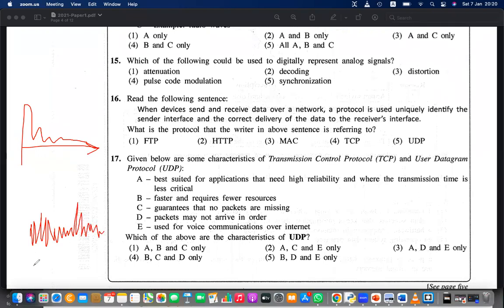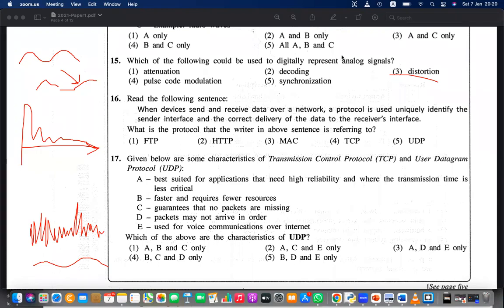Distortion is where the original signal is sent but gets distorted due to noise or some other technical error. Pulse code modulation is used to digitally represent the signal, that is correct.